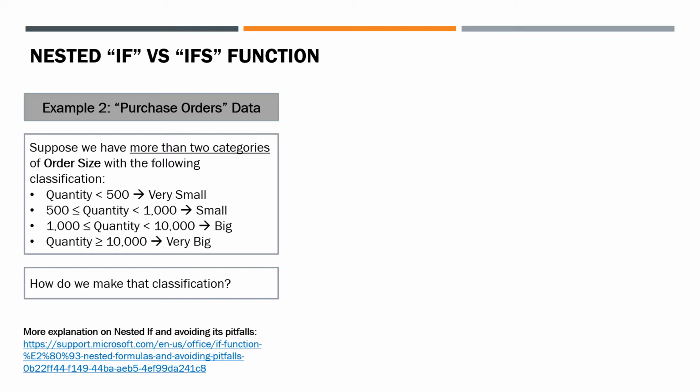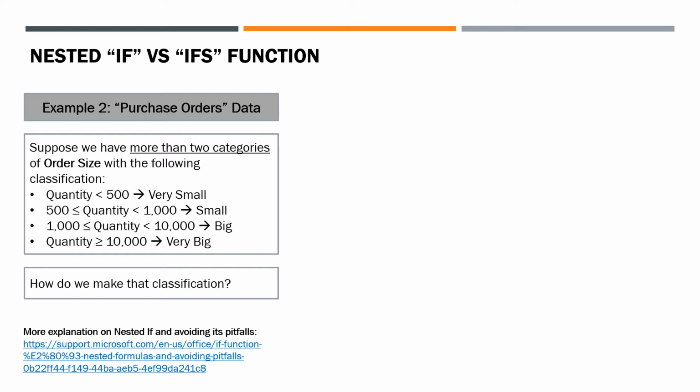If the quantity is less than 500, it will be classified as very small. If the quantity ranges from 500 to 1000, it will be considered a small order. If the quantity is from 1000 to 10,000, it will be considered big. If the quantity is more than 10,000, it will be considered very big.